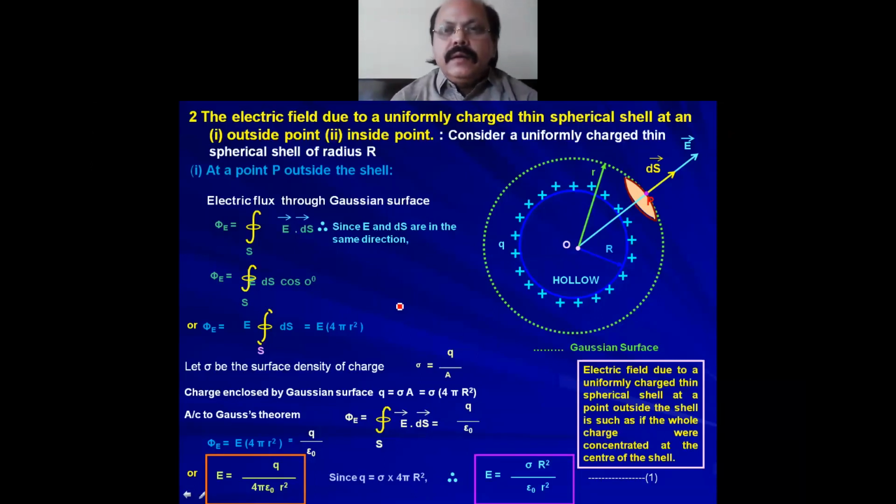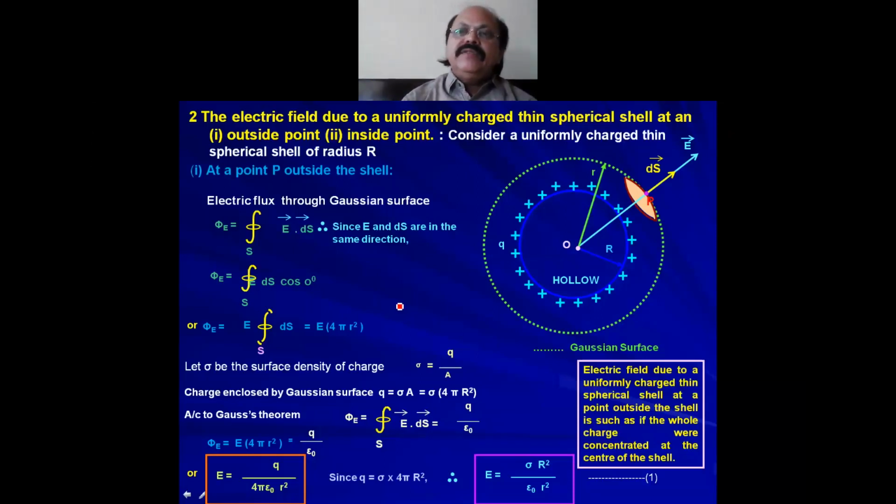Then, for finding the electric field intensity at a point outside, as I told you, for any application of Gauss's theorem, what you have to do? First, you have to choose an appropriate Gaussian surface, and after that you calculate the electric flux through the Gaussian surface. Then in the next step, find the charge enclosed by the Gaussian surface.